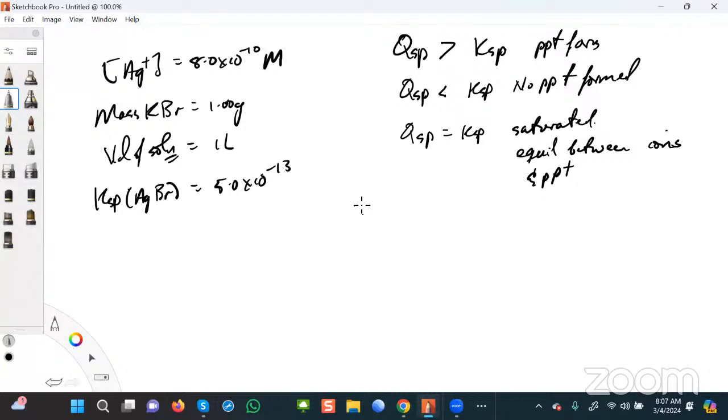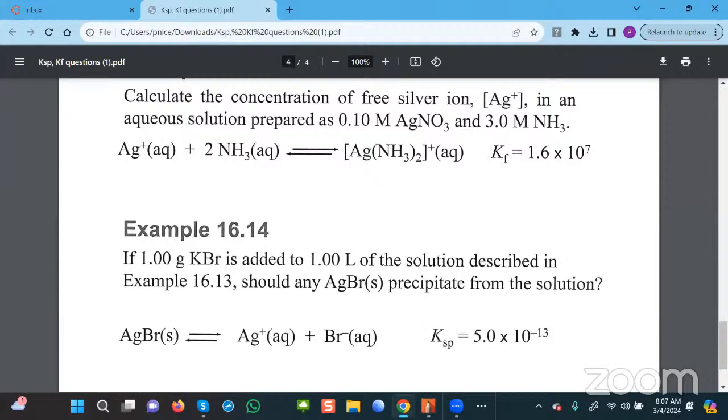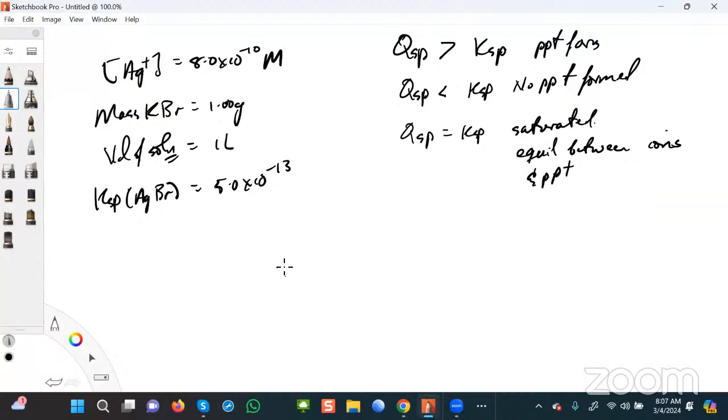So what the question is asking is, should any precipitate form from the solution? What would you suggest we do in order to figure that out? We know the concentration of the silver ions. We know the mass of the potassium bromide added.